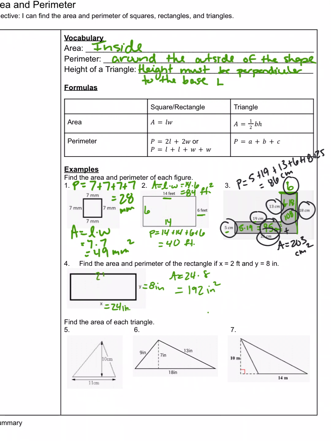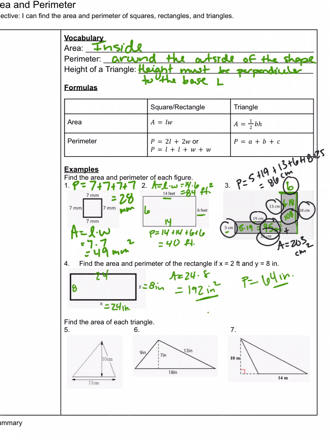So this would also be 24, and this would also be 8. I'm not going to write all that down, but I'm just going to add up the 24 plus 24 plus 8 plus 8, and that gives us 64. And again, this is in inches. Watch your units. Area should be units squared. Perimeter should just be regular units.